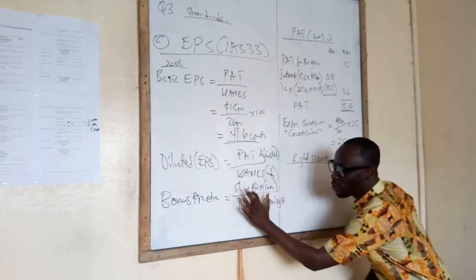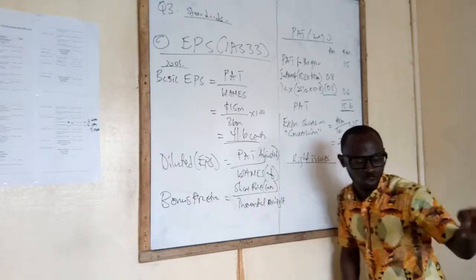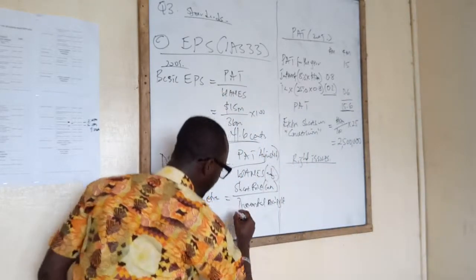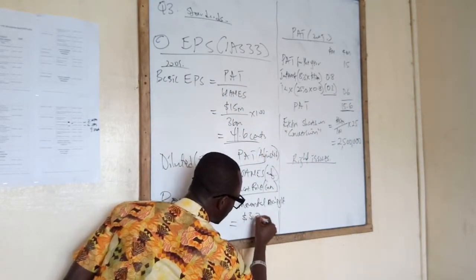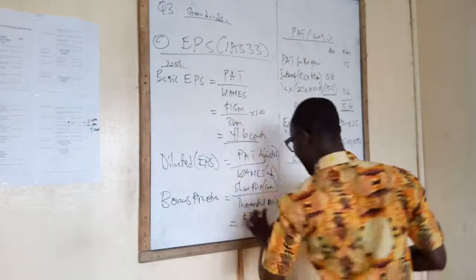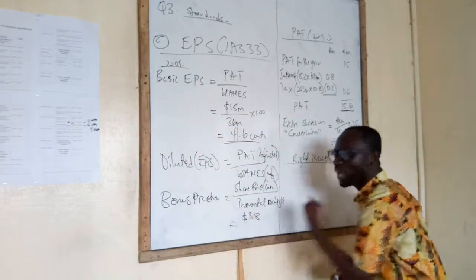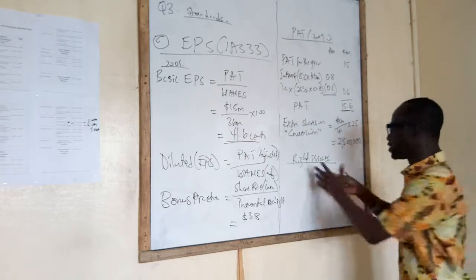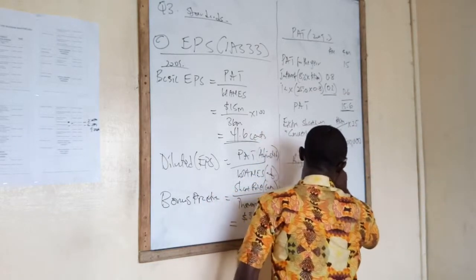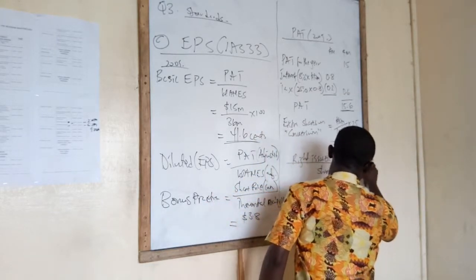Okay, so this one will be given to us in the question, right? It was given as what? 3.8. You got that? Remember that? 3.8 in the question. So now, how do we get the theoretical ex-right price? We apply the rule here. So we go shares, value.